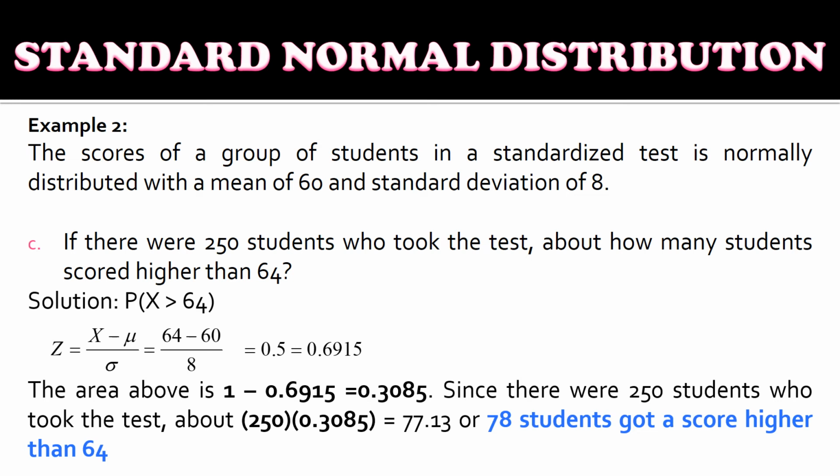So why 78? Since we have a decimal part and we're looking for students, that's a discrete variable, so we just have to add 1. So that 0.13 is considered as 1. That's why the answer is 78 students.